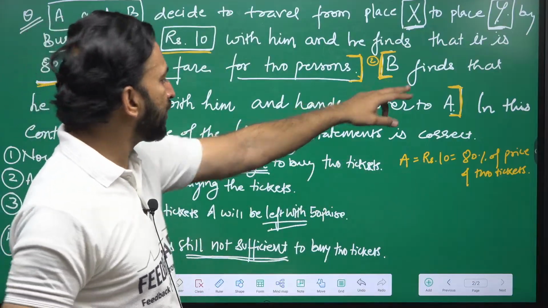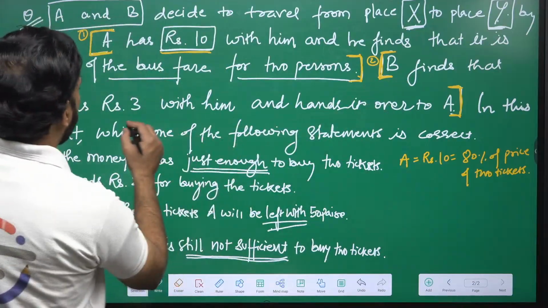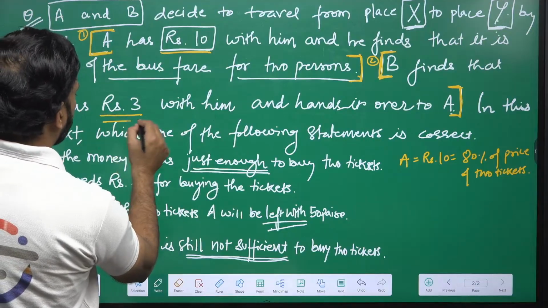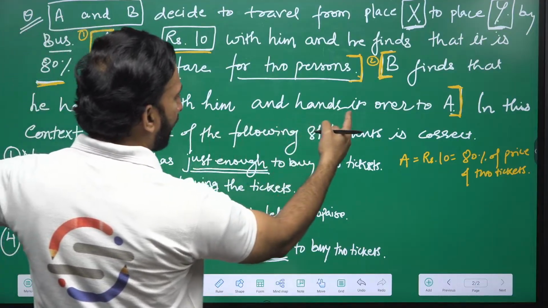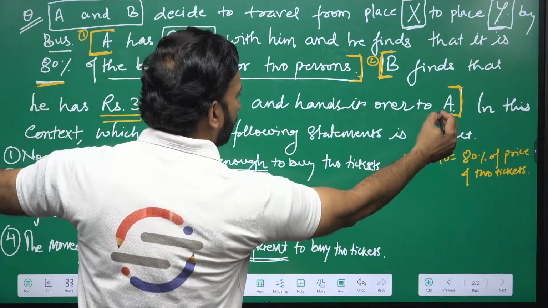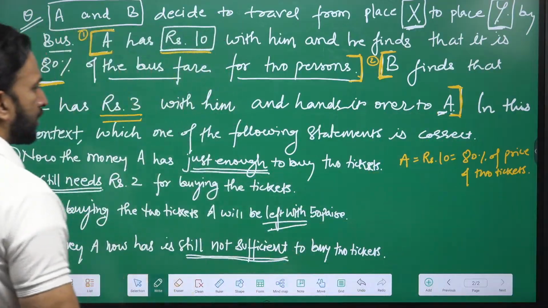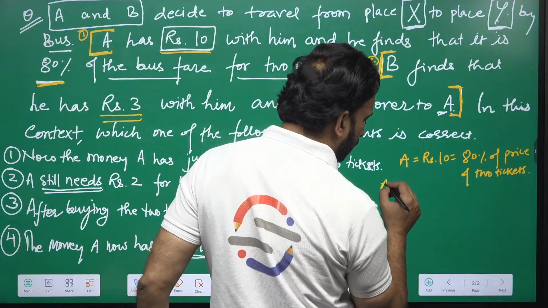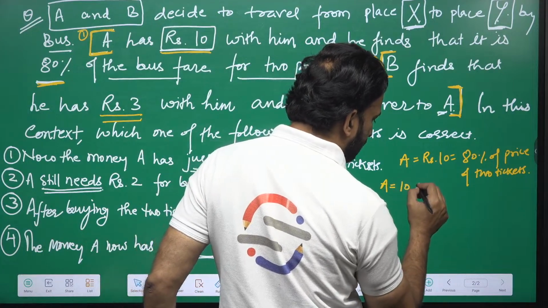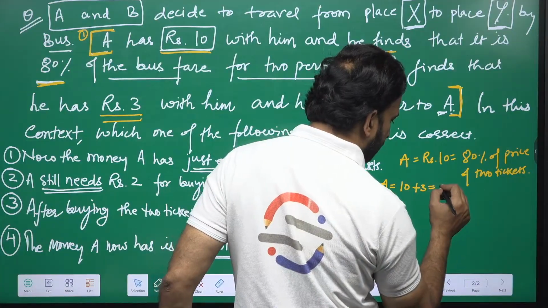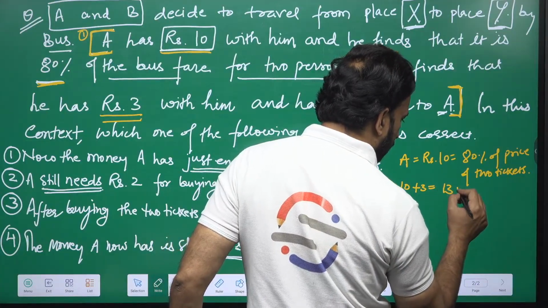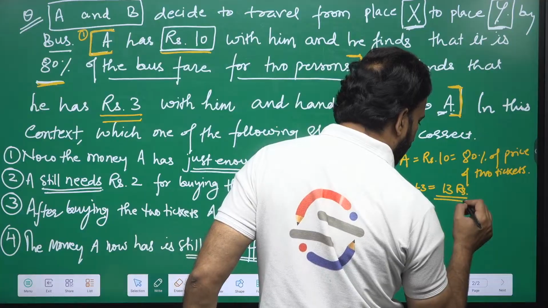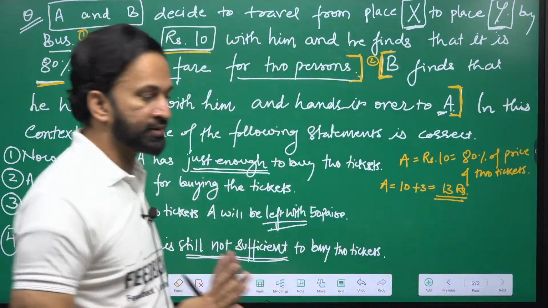Second is B finds that B has rupees 3 with him and hands it over to A, right? So now A has 10 plus 3, that is 13 rupees. This is the amount A now has.